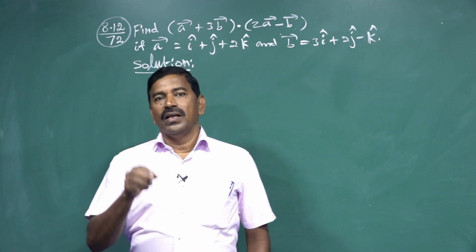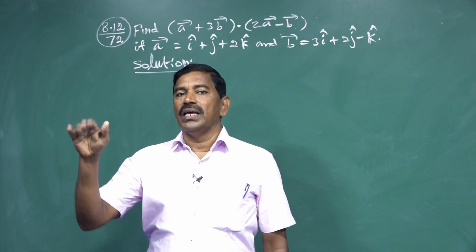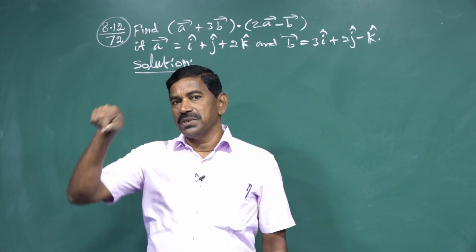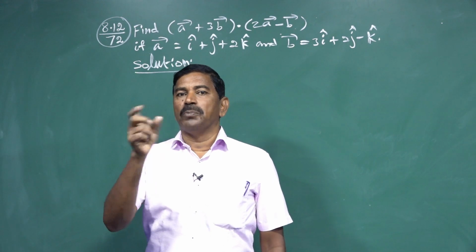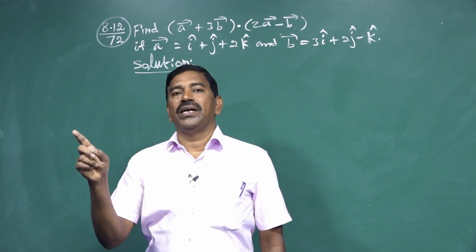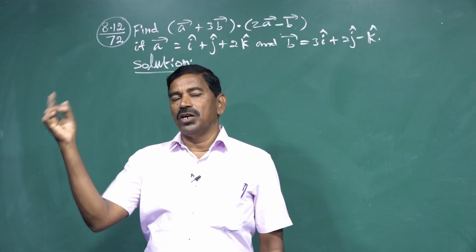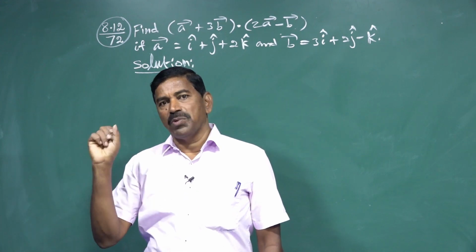Very good. The projection of A vector on B vector is equal to A vector dot B vector divided by modulus B vector, because the keyword on comes before B, so the denominator is modulus B vector. For example, the projection of B vector on A vector equals the same numerator A vector dot B vector. Here the keyword on represents A vector, so the denominator is modulus A vector.